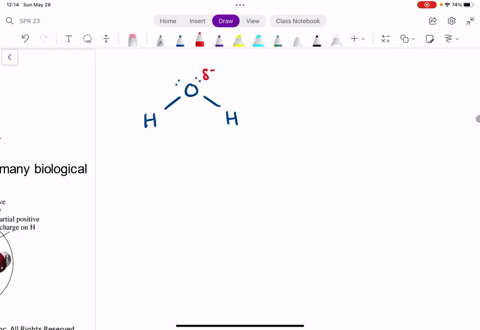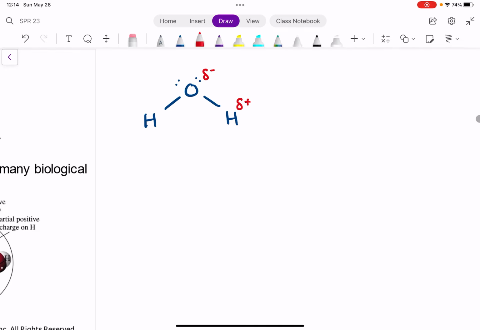On the other hand, hydrogen, because it's less electronegative than oxygen, it's on the left side of the periodic table, its electronegativity value is less than oxygen, it's going to say, okay, oxygen, you can have those electrons. You can hang on to them closer if you want. I don't really care. I'm happy just being partially positive. So within this bond, we've got oxygen with a partial negative charge and hydrogen with a partial positive charge.